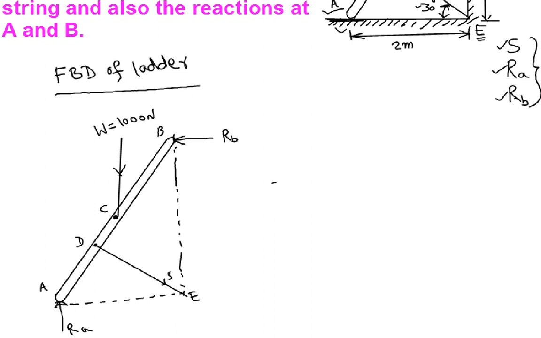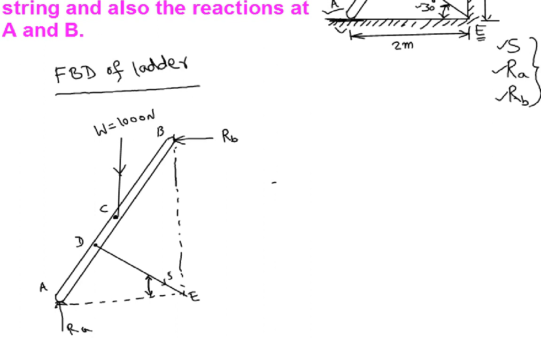It's good practice to show all the angles right away and find whatever unknowns are there and perform all kinds of calculations that we may require right in the beginning.